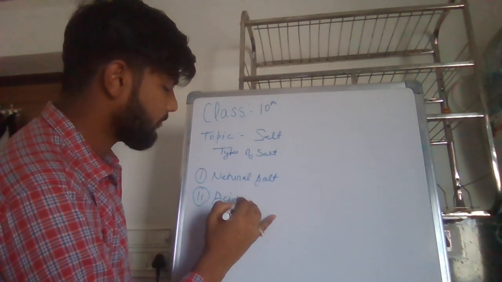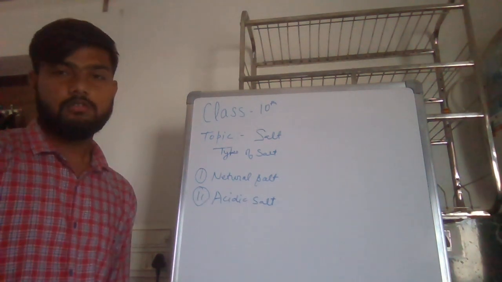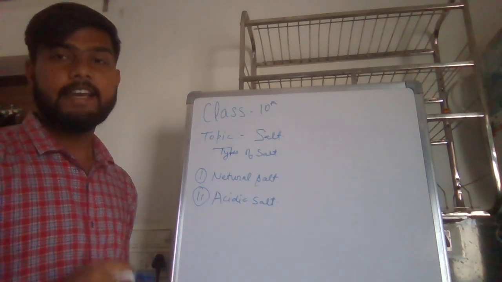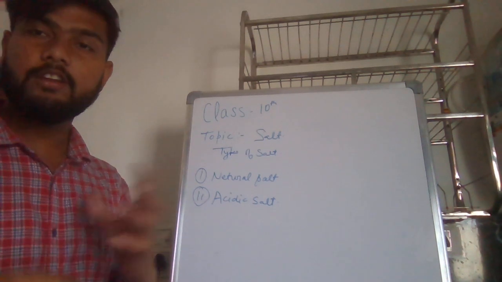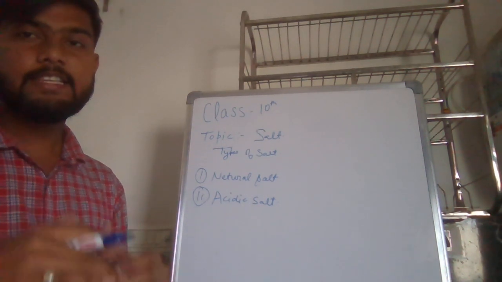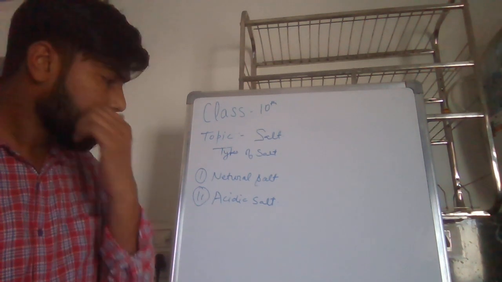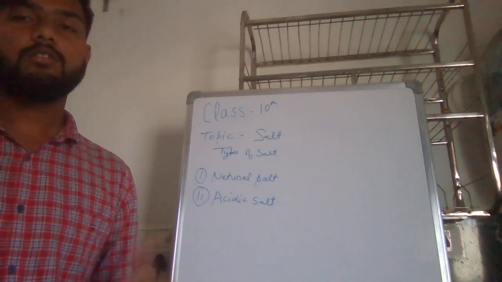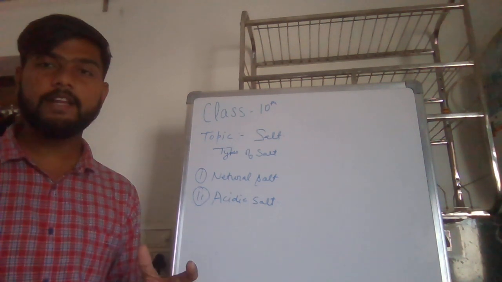The second one is the acidic salt. Salts which are formed after the reaction between a strong acid and a weak base are called acidic salts. I hope you have got what is acidic salt. The pH value of an acidic salt is lower than 7.